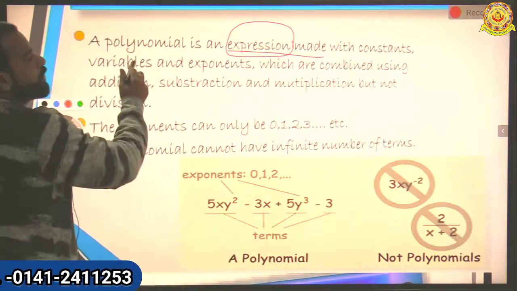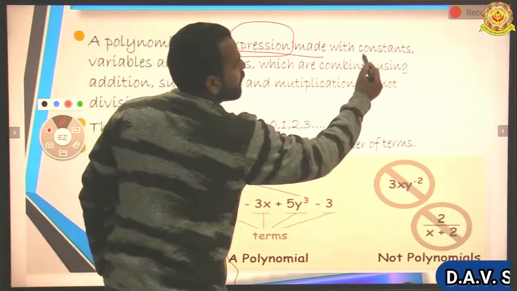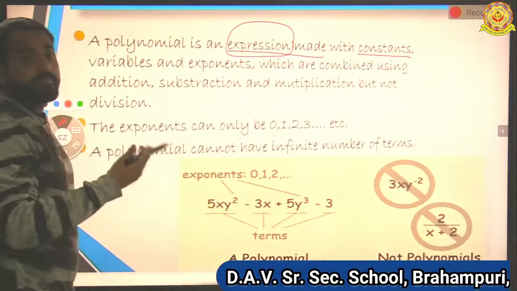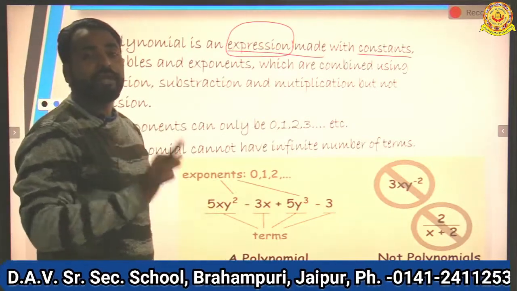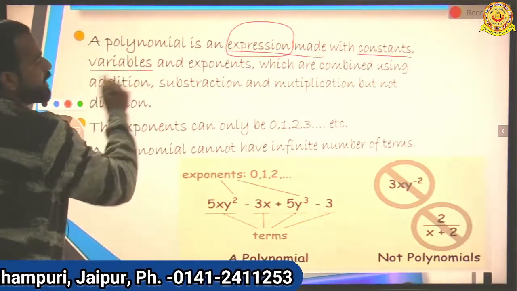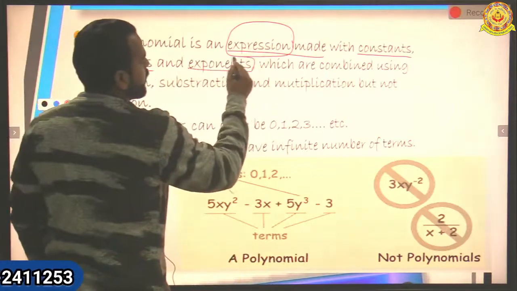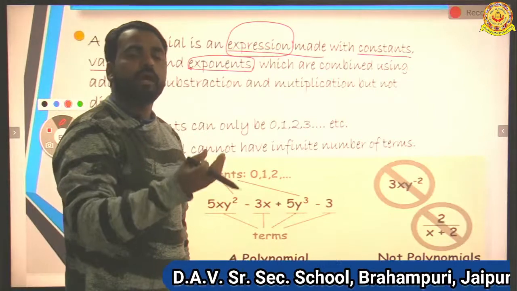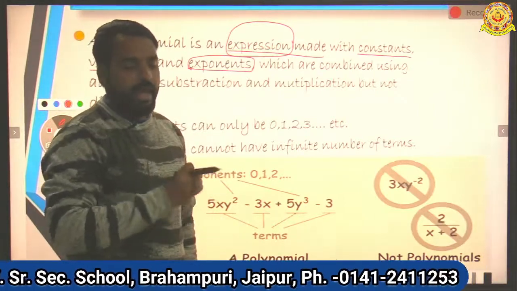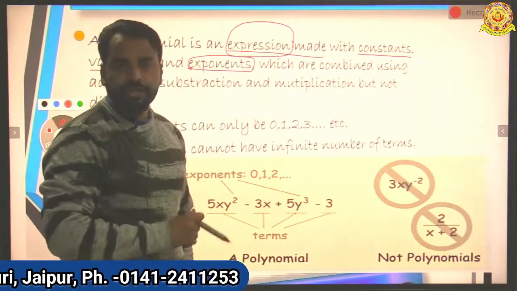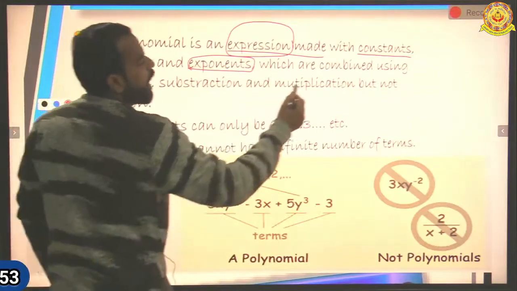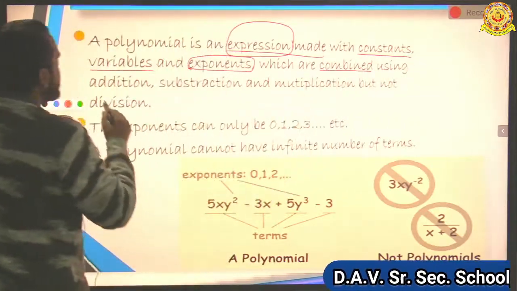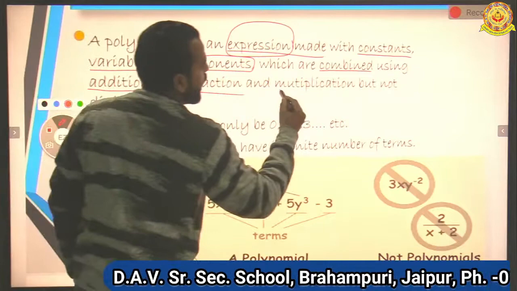Now a polynomial is an expression made with constants, which can be any number without variables, and exponents. We all know that exponents are basically the powers. X square means the exponent is 2, x cube means the exponent is 3, and so on, which are combined using addition, subtraction and multiplication.